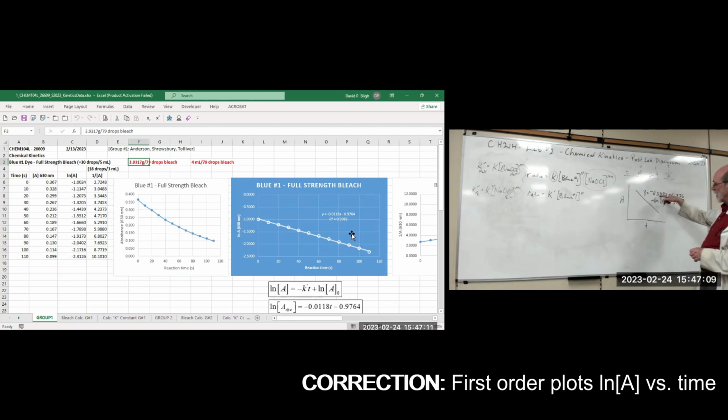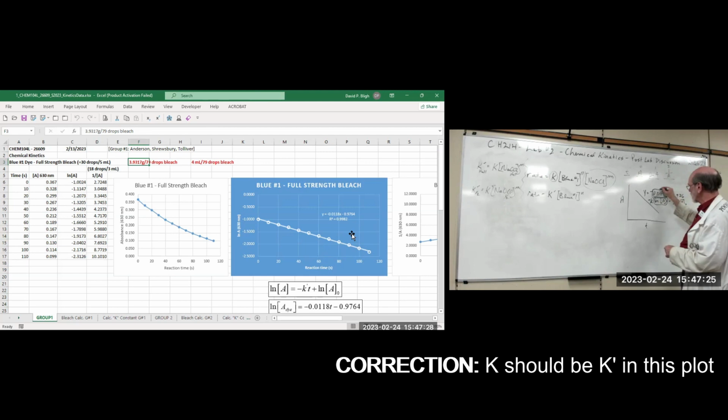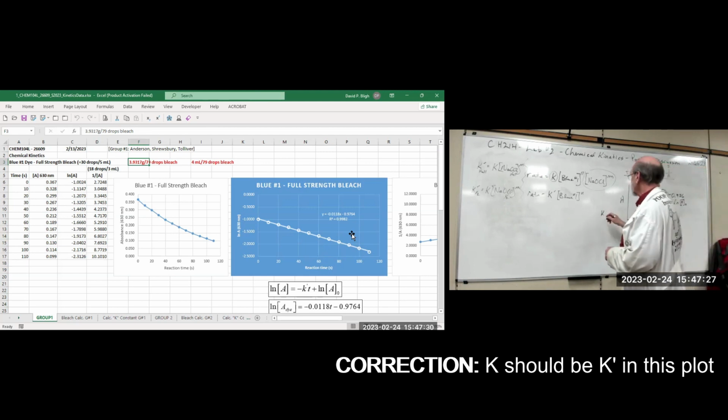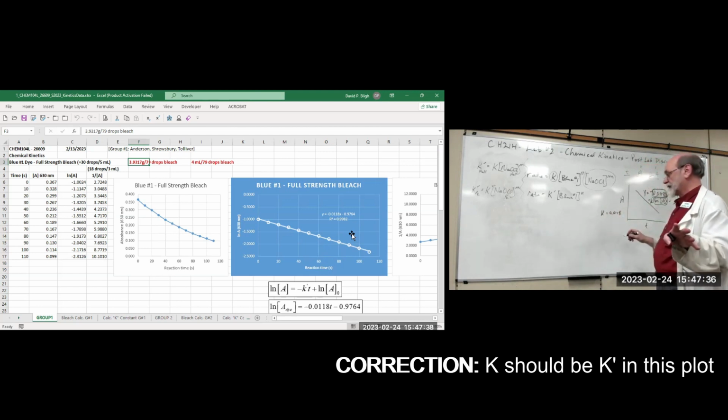This is the important part right here. Oh, excuse me, no, I'm wrong. I'm sorry. It's minus K times the log of A. So X is the log of A, and this is a K value right here. So K for the full strength is 0.0118 for that example.